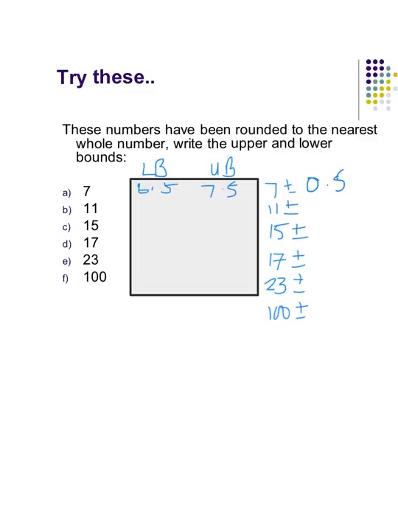And 11, the lower bound for 11 would be 10.5 and the upper bound will be 11.5. So 11 plus or minus 0.5. And if we just look at the bottom one here, 100 minus 0.5 would give us the lower bound, so 99.5. And our upper bound will be 100 plus 0.5, so 100.5. And we write that as 100 plus or minus 0.5.